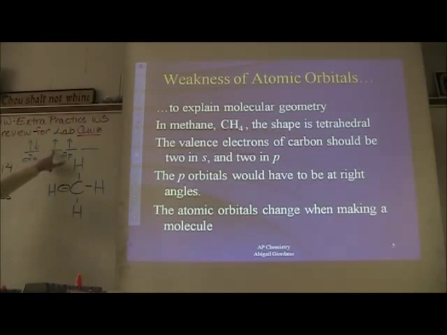I want you to look at how I've drawn these electrons out. The way that this is drawn out here, this is called an orbital notation, it looks to me like these 2 electrons are already paired up, so they're kind of off the market. When the electrons are drawn out like this, it looks to me like carbon can only bond with 2 things. But we know that that's not true. We know that it can bond with 4.